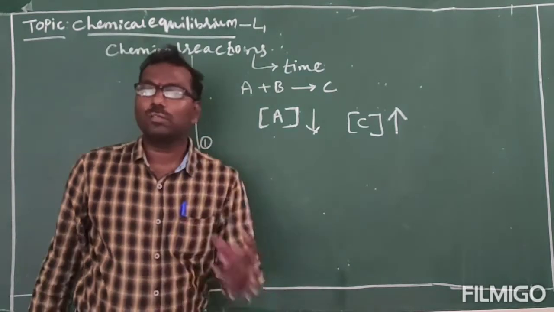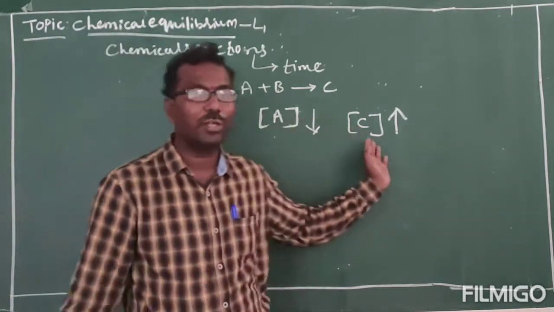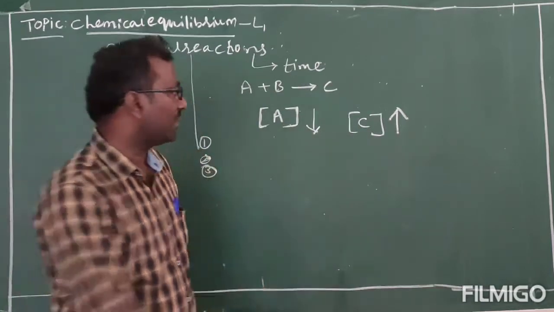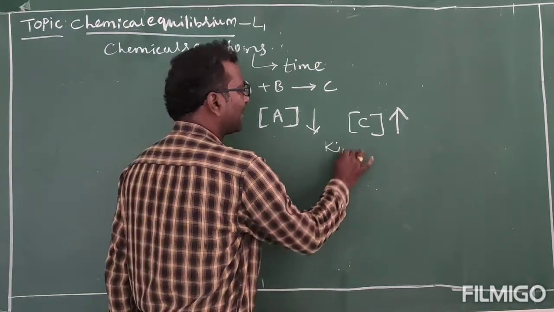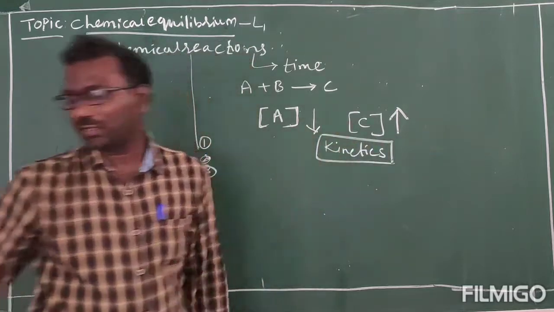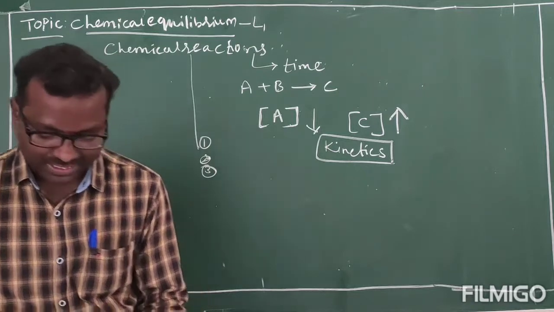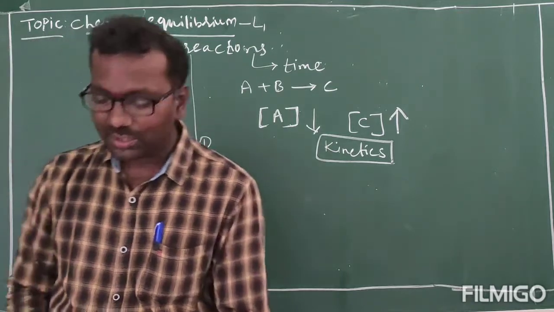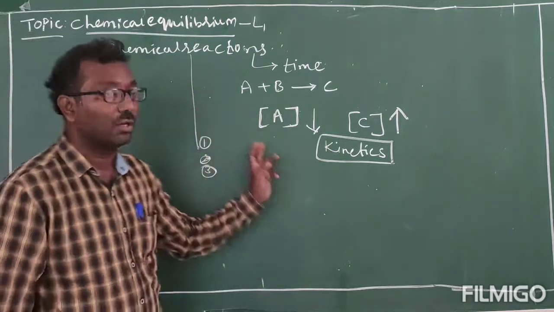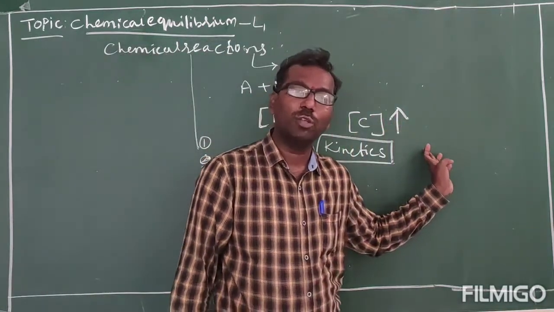The study of how the concentration is changing, we call kinetics, chemical kinetics. Chemical kinetics is the branch of chemistry which deals with how much of the reactant is being converted to the product.